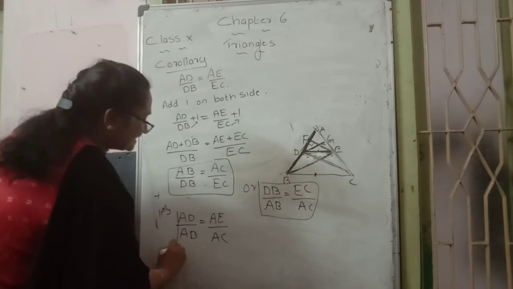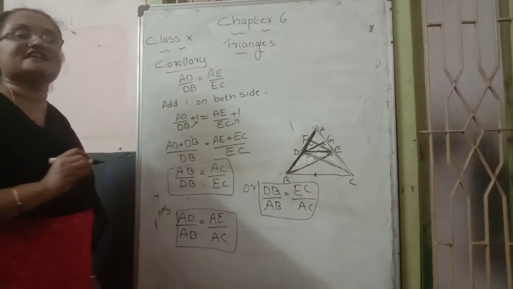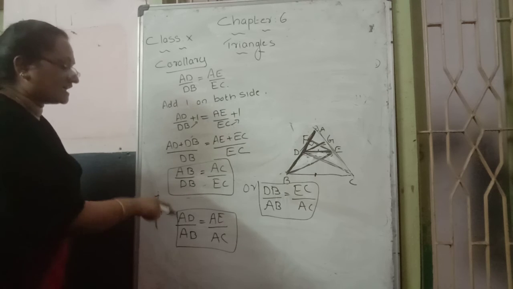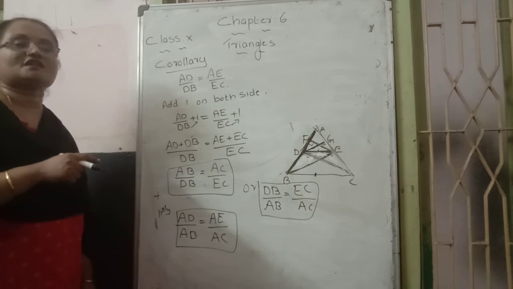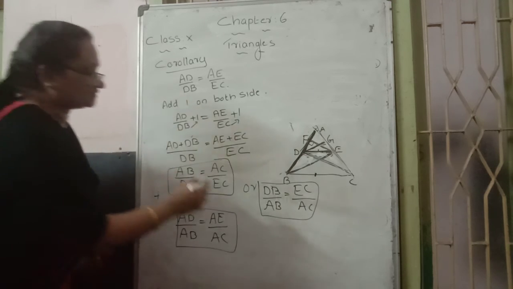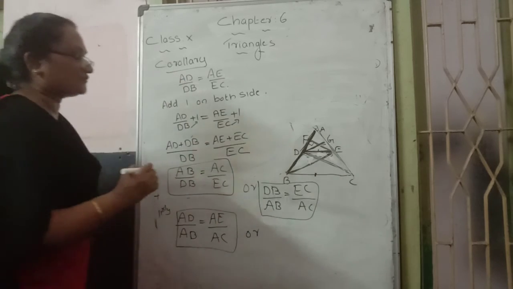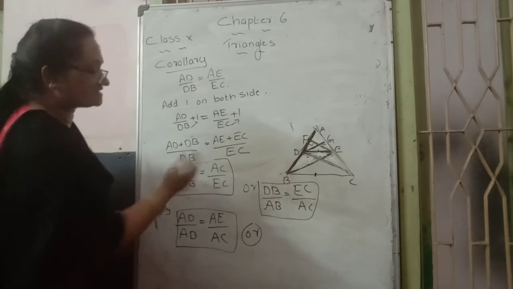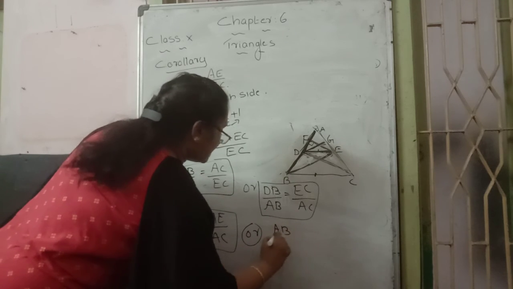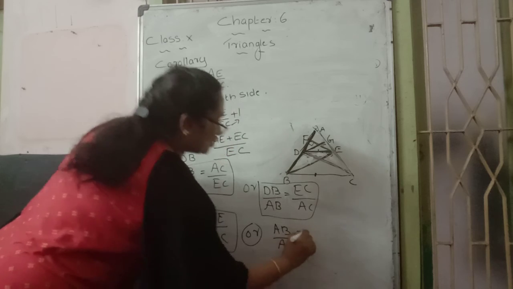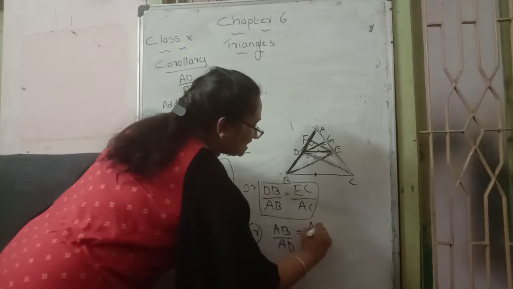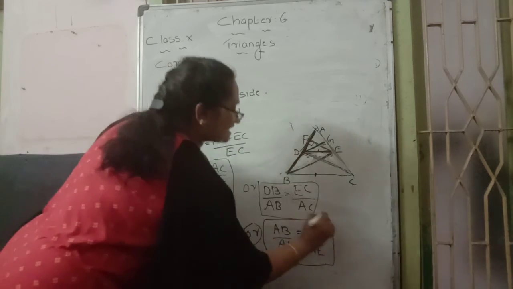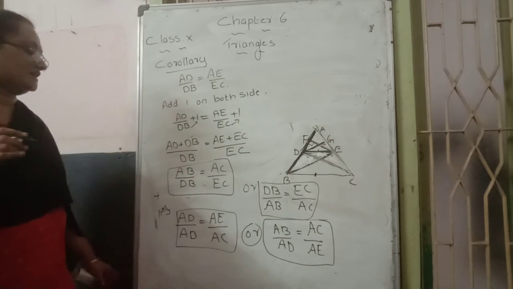This is the fourth way we can divide the sides of the triangle using the BPT theorem. Then one more, the fifth way, represented as a reciprocal. That means AB comes as the numerator and AD as the denominator, and AC goes to the numerator and AE goes to the denominator. This is another way for your theorem.